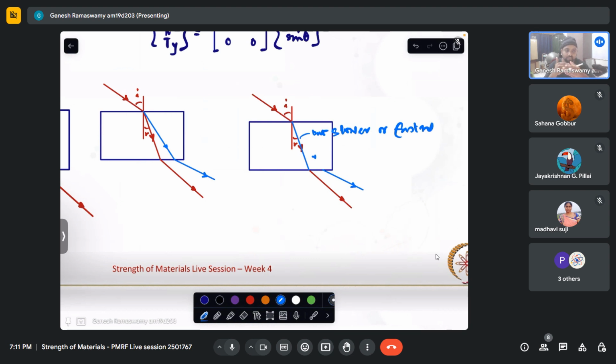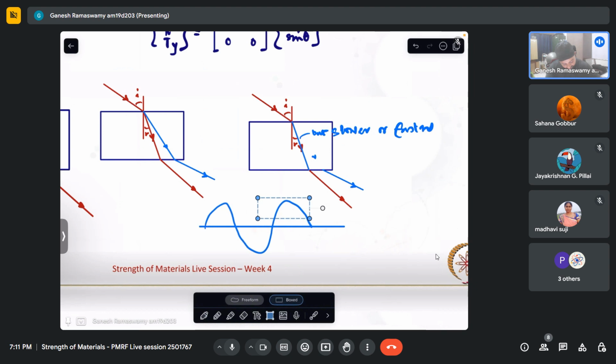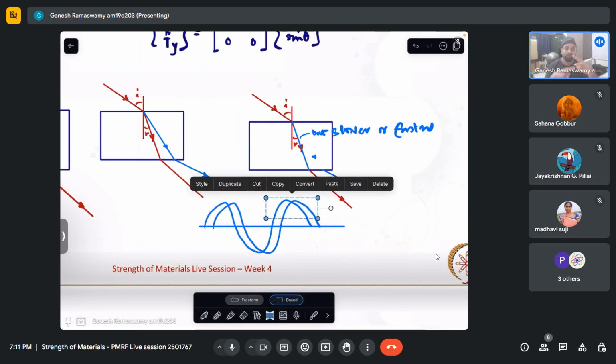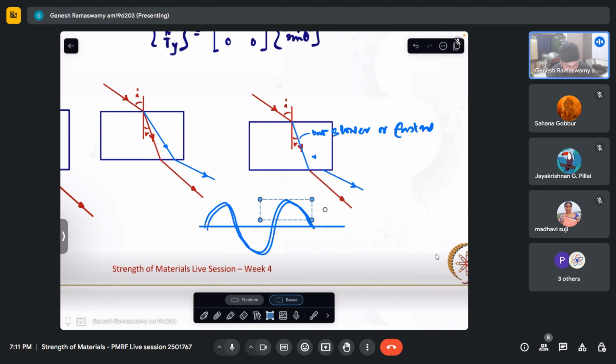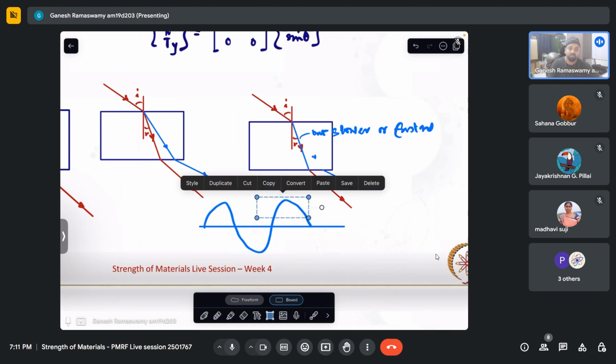Once there is a phase lag, we know that it will interfere. It will have some patterns getting formed, which is what we see as our photoelastic patterns. Now it turns out the amount by which it lags is directly proportional to the stress induced at that point.